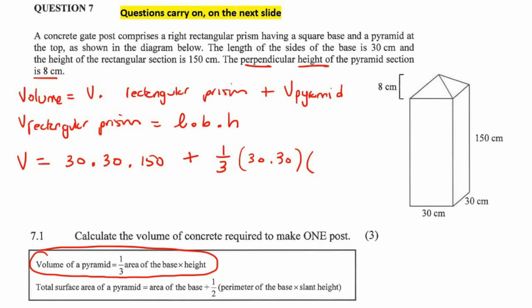They've given us that, thankfully. They said that that's the perpendicular height, so that's just 8. And there we go. Can't get easier than that. We go ahead and calculate all of this, and we end up getting 137,400, and then it would be centimeters, but because it's volume, we say cubed, not square, but cubed.